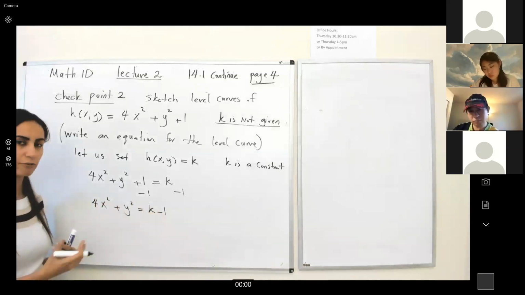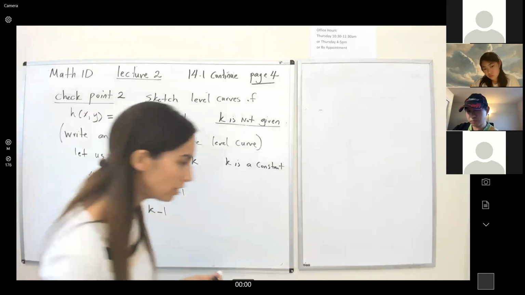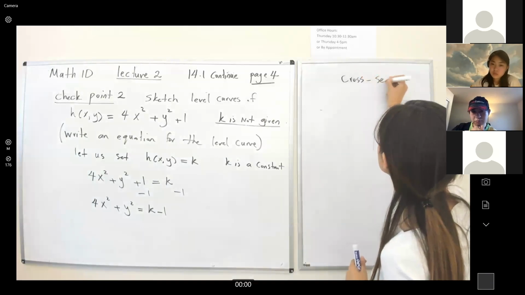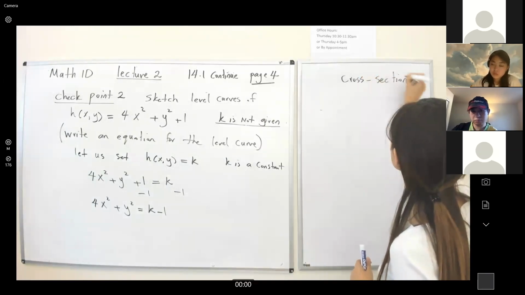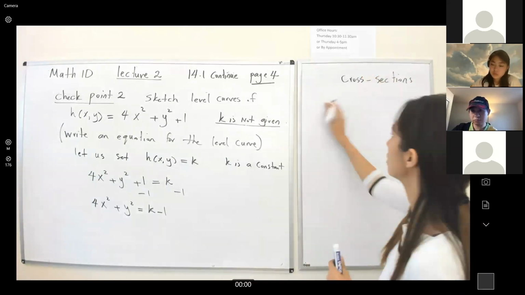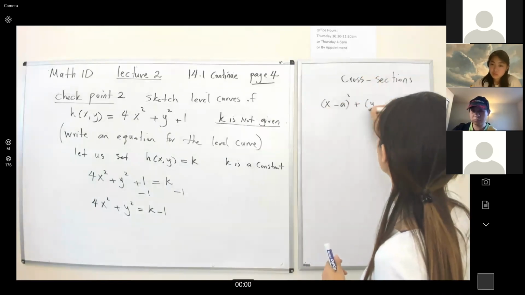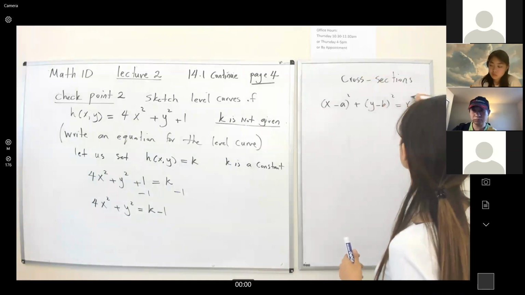Well, this is very familiar. When we learned about cross sections, we learned about a circle like (x minus a) squared plus (y minus b) squared equals r squared.